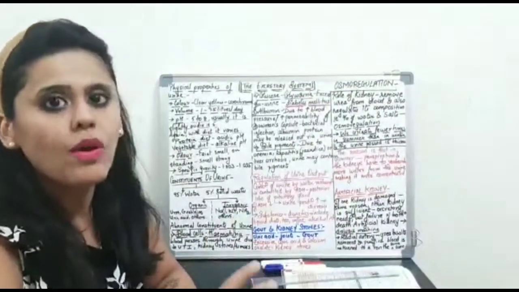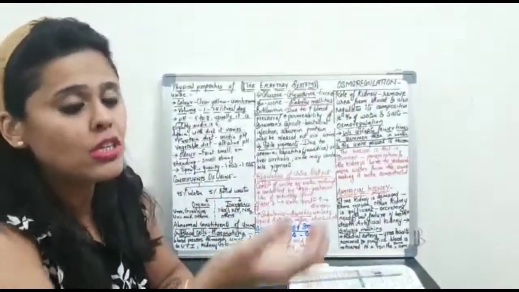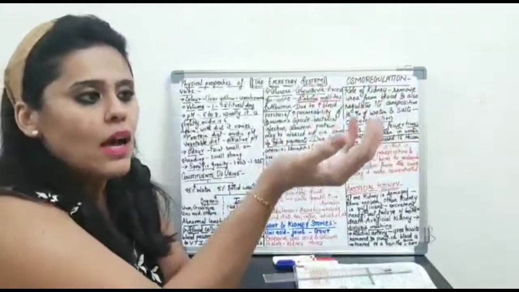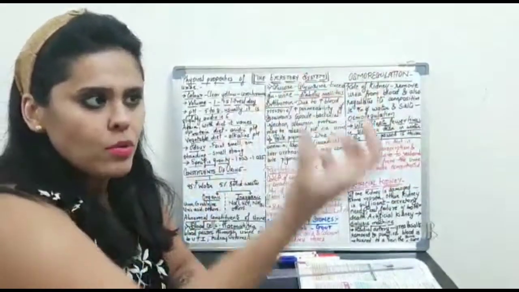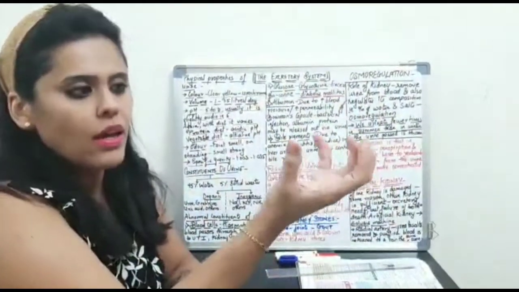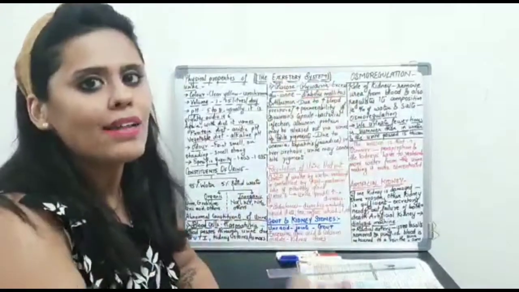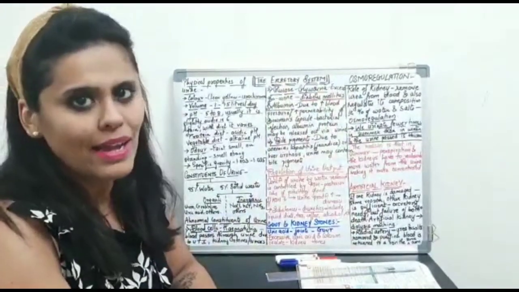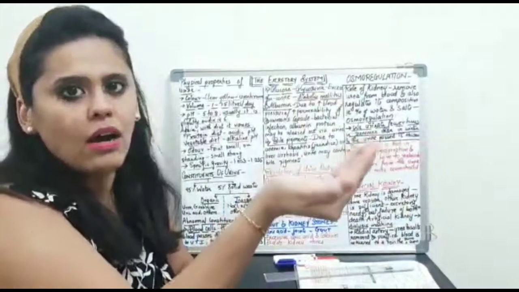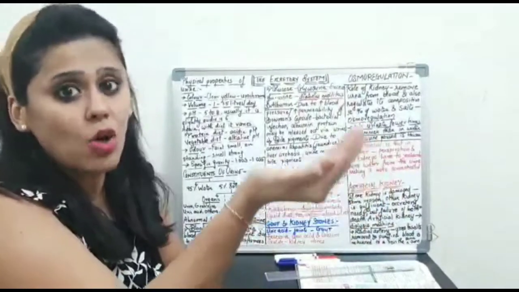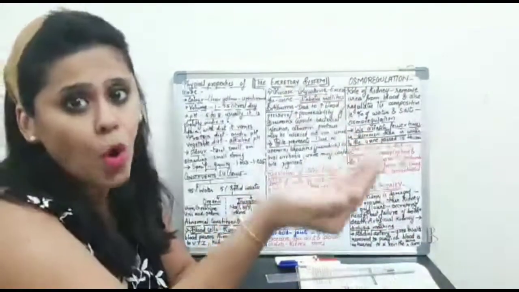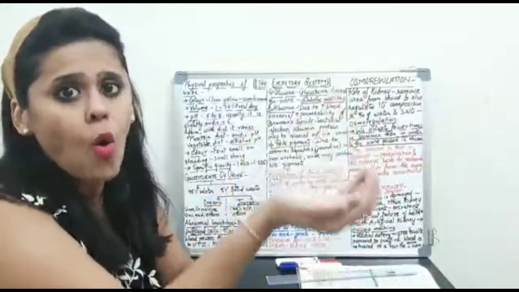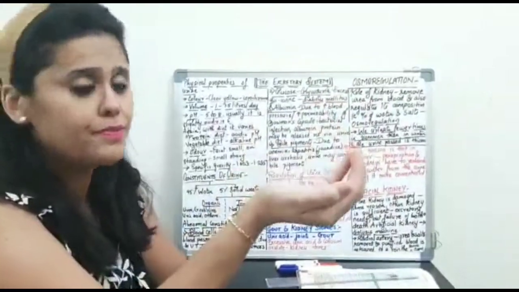We all know that in ultrafiltration at the glomerulus, it's only the liquid part that filters down, right? The heavy part of the blood, that is the corpuscles and the proteins, remain on the glomerulus itself.